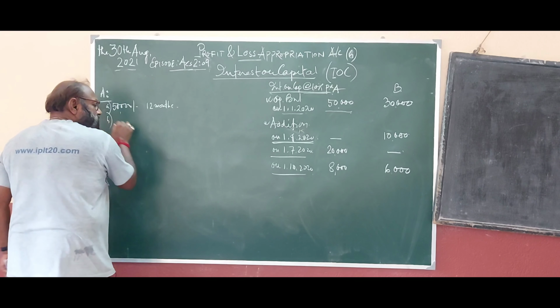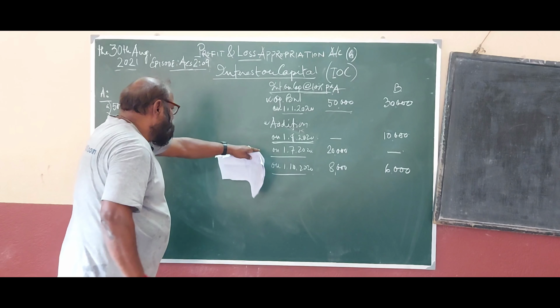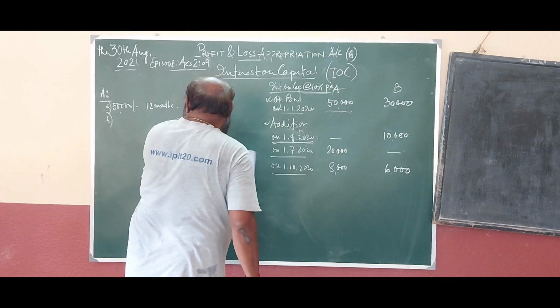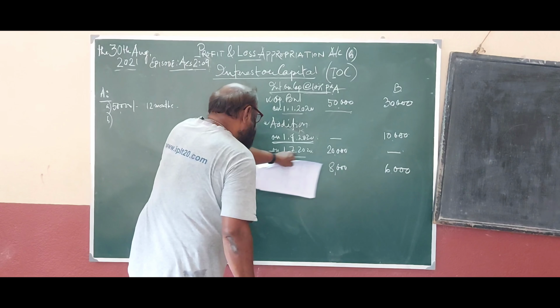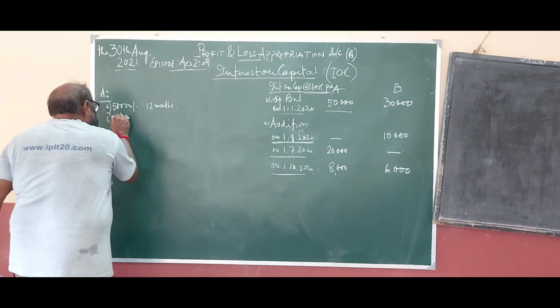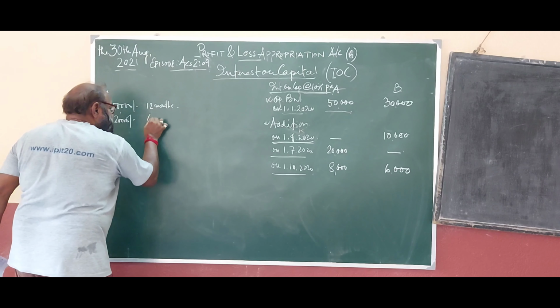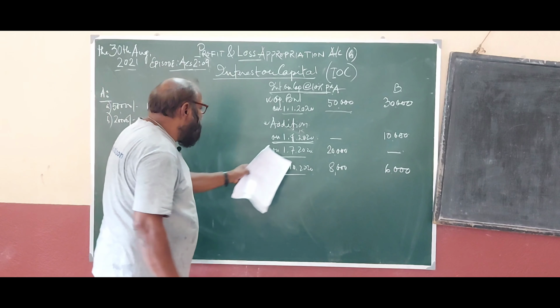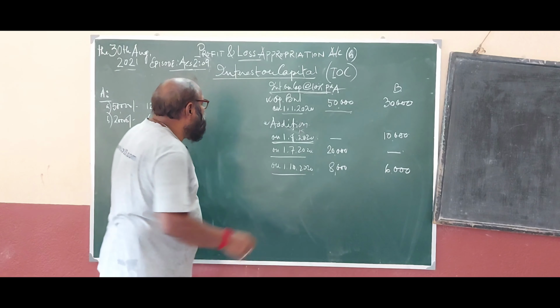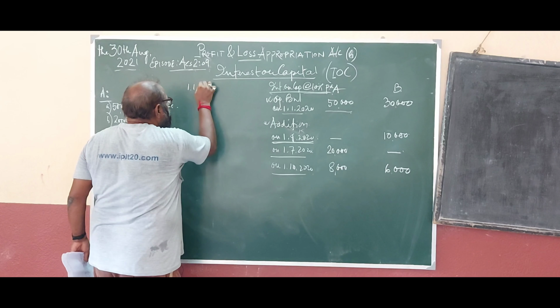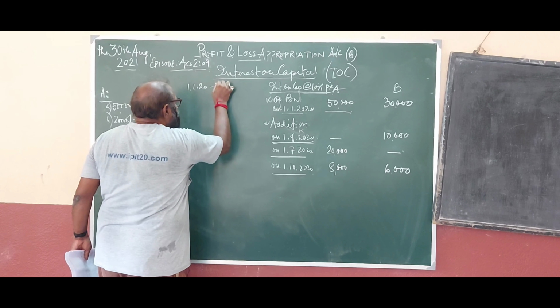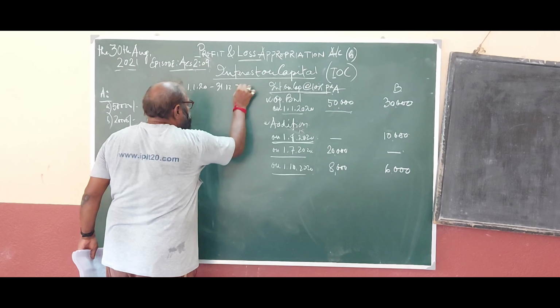Now the next part, 1/7/20, 20,000. For how many months? It has been invested on 1/7/2020, and the year in question is 1/1/20 to 31/12/2020.